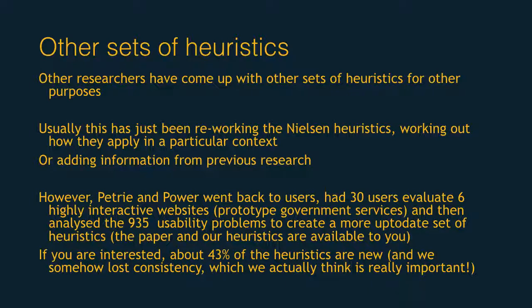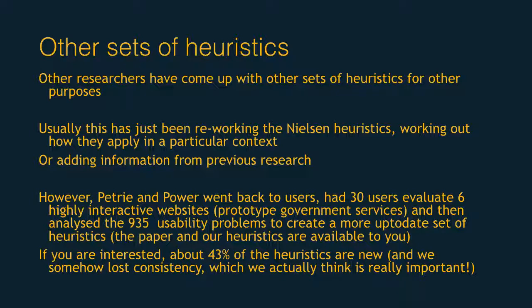So we had 30 users evaluate 6 highly interactive government websites. This was actually paid for by the government. Each website was evaluated by 15 people, and we analyzed all the usability problems that they had.